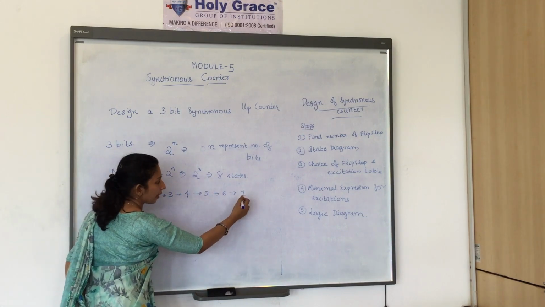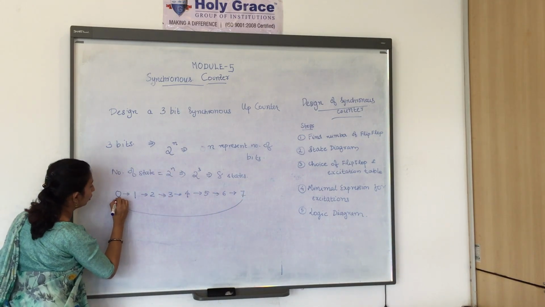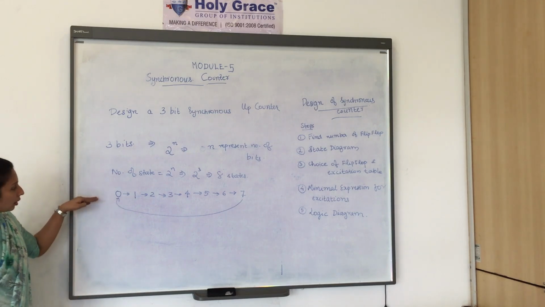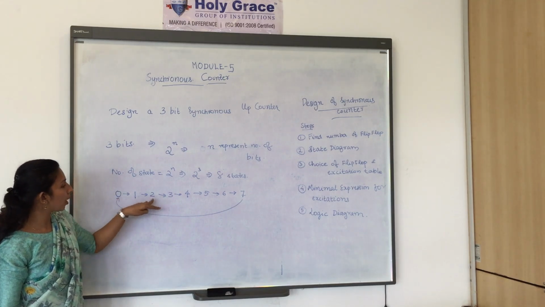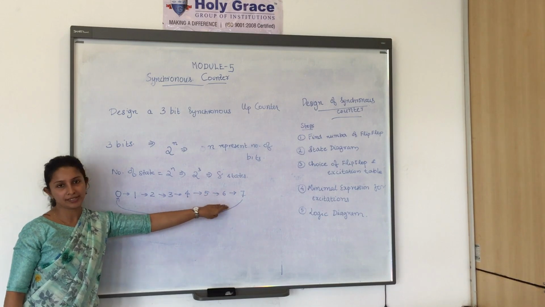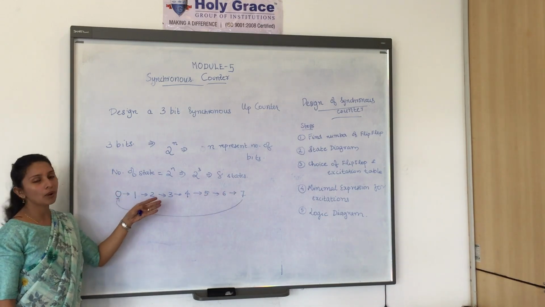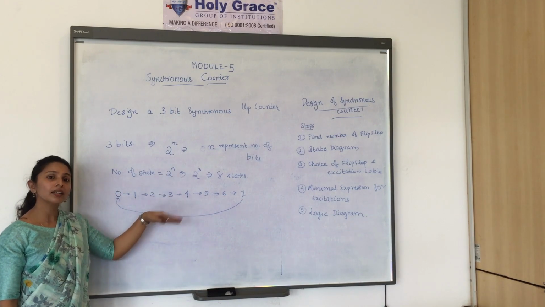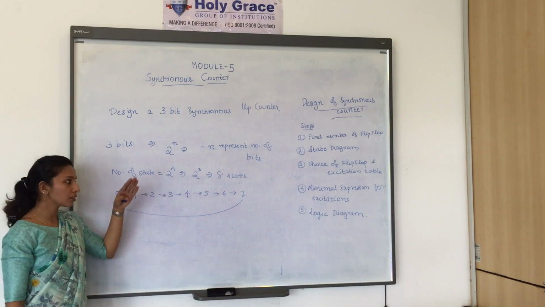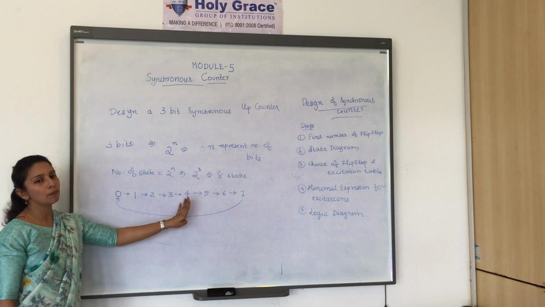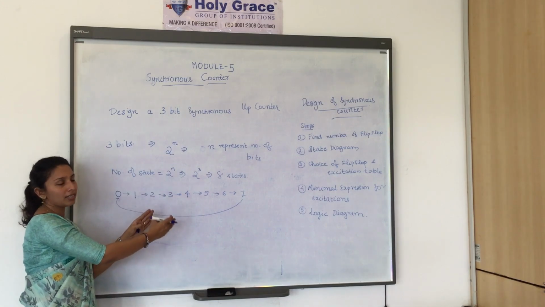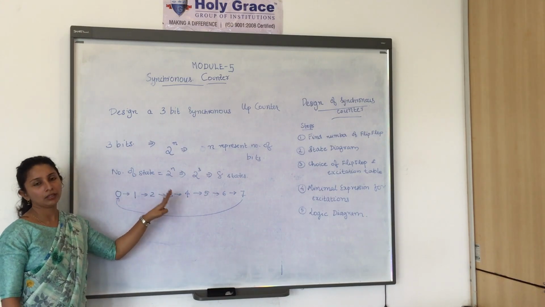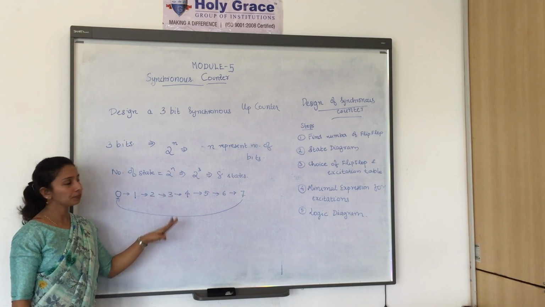When it reaches 7, it goes back to 0 and starts counting again. This count keeps going as long as we give a clock pulse. If we stop the clock pulse, it stops counting and stays in the state where the clock pulse stopped.